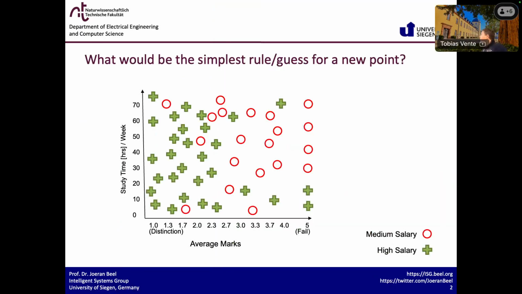So let's start with this little example. These are data points in the plot. The red circles represent medium salary jobs, and the green crosses represent high salary jobs.